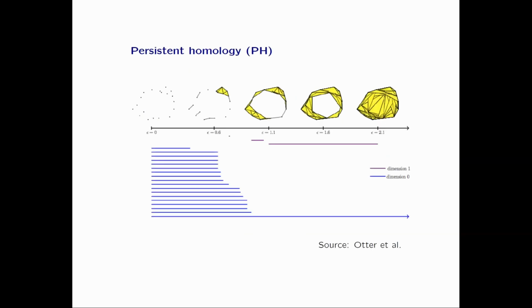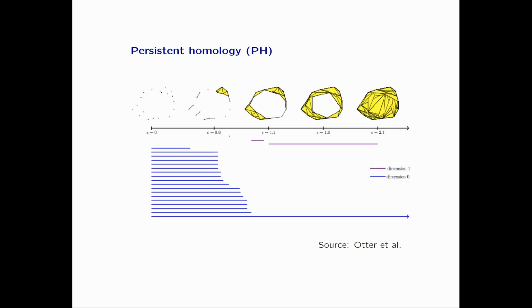And so let me first say something about TDA. If you haven't heard about this, this is a crash course of one or two slides. Persistent homology is the key, the main tool in data analysis.